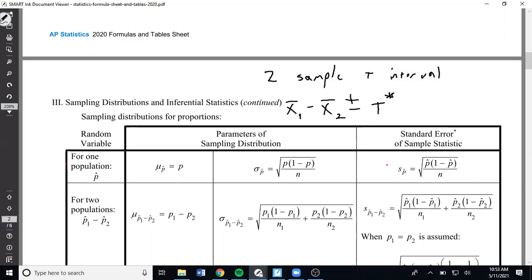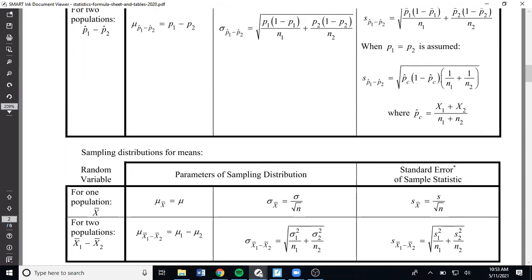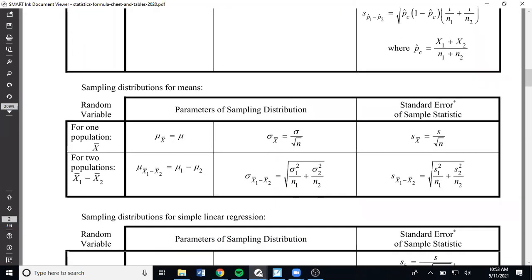And since we're using two samples, let's go down to two samples for means. There it is. So this square root of s1 squared over n1 plus s2 squared over n2 is basically adding the variances. We subtract the means, and then for standard deviation, we add the variances.